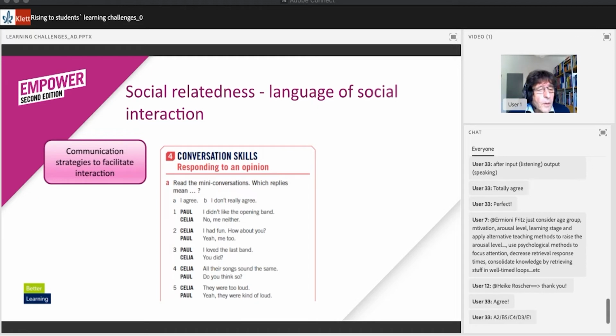This involves watching a video in which people express opinions and respond to them, and then there's a language focus, which you can see is "me neither," "me too," "you did," "do you think so?" So expressions like that, which learners then focus on, and they have a chance to practice and incorporate, we hope, into later discussions in the class.